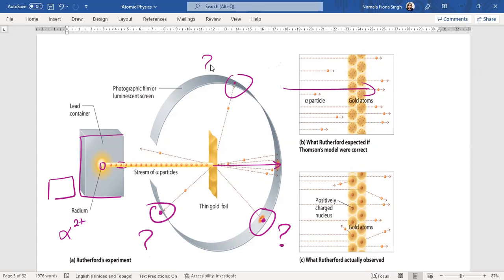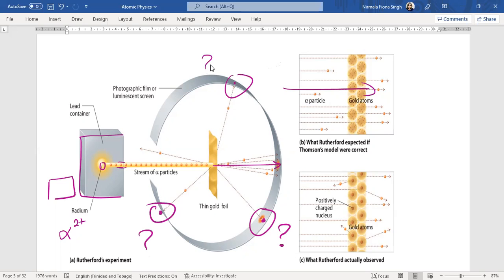And it's not to say the experiment was wrong. What they did, they probably got a brand new lead container, a brand new radium sample. They used new foil, replaced everything and did it again. And they got the same results. Right? And if you get the same results, even with brand new apparatus and cleaning everything and making sure everything is perfect, that means your experiment is showing you something.